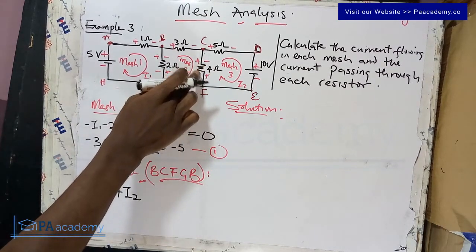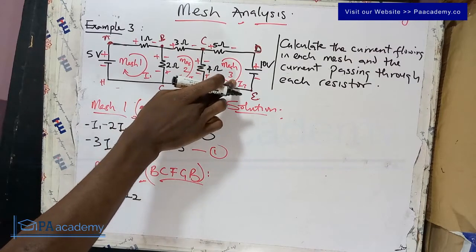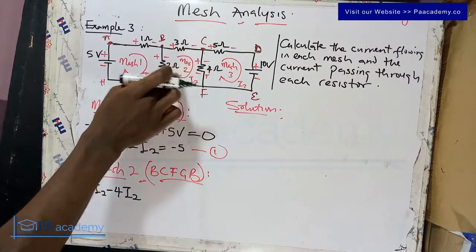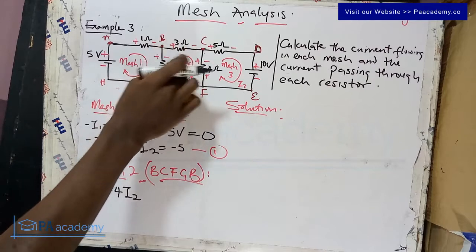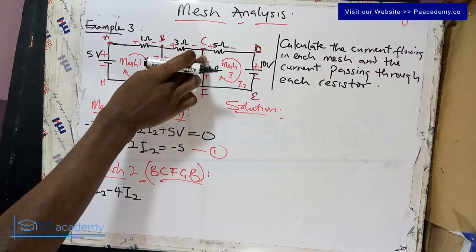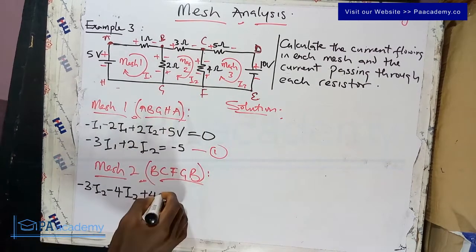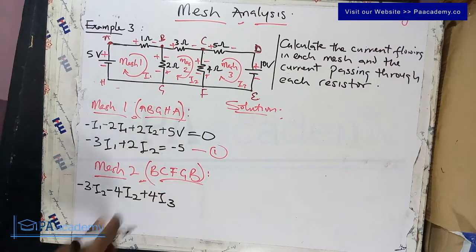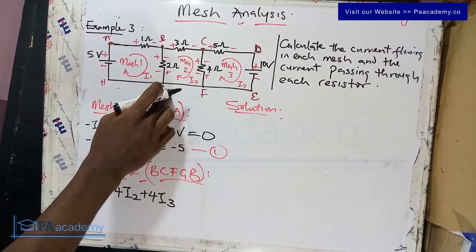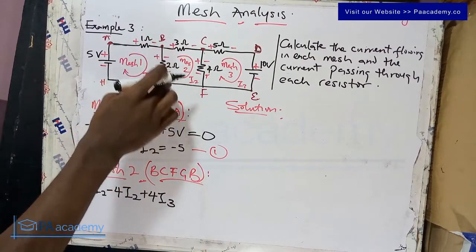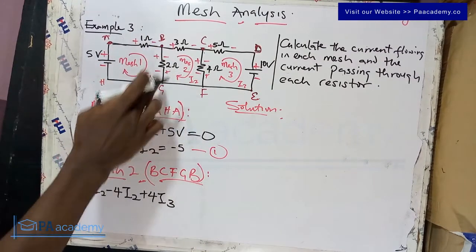Also, we have another current, the current of I3, but this time we are still considering the direction in this mesh 2. So that's from minus to plus. So that will be plus 4I3. Now from F to G, there's no element there. Between G and B, we also have a 2 ohm resistor.